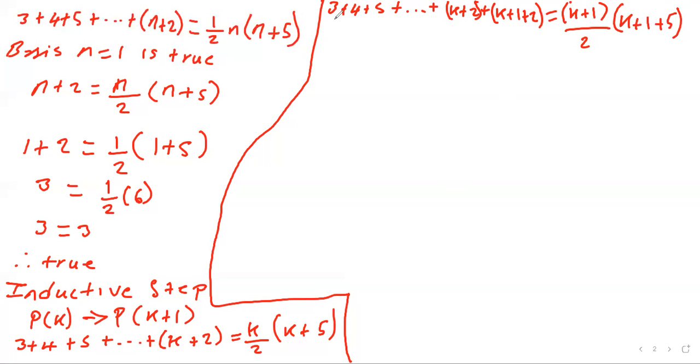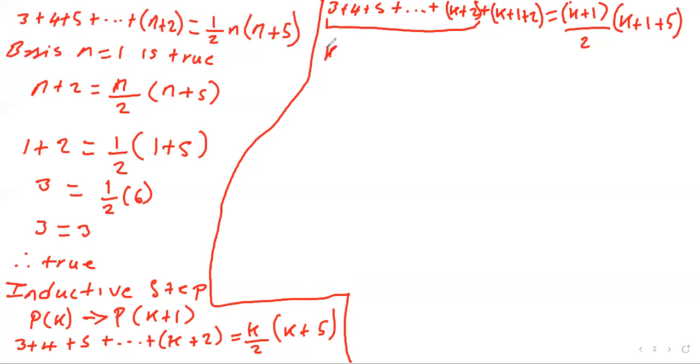The next thing we're going to do is replace this portion here based on what we have here. You notice when we indicate P of k, we have 3 + 4 + 5 + ... + (k + 2) equal to k over 2 times (k + 5). So we're going to use this to replace this because it's the same thing.